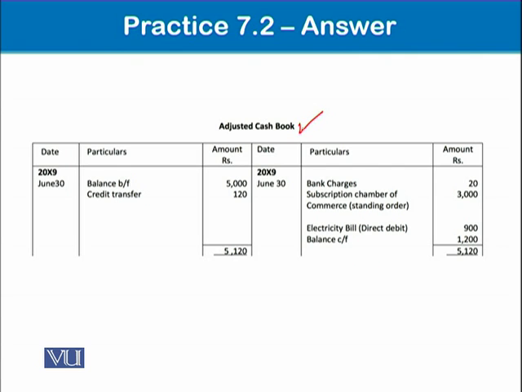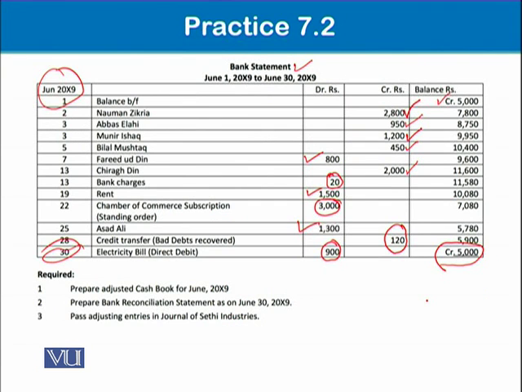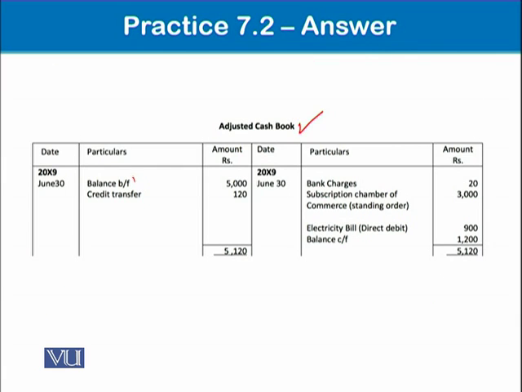For preparing adjusted cash book, it will start from the closing balance of the cash book, which is this carry forward balance. Okay, so this balance will be taken there. We will reopen it as a brought forward balance, 500,000.